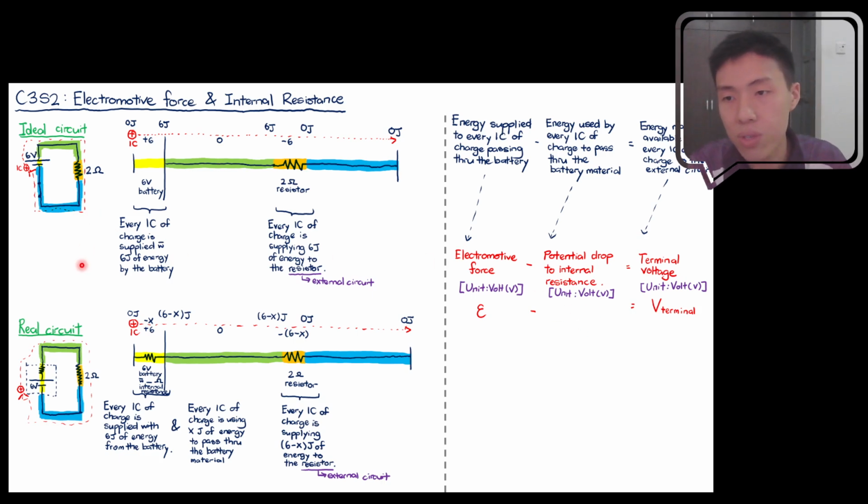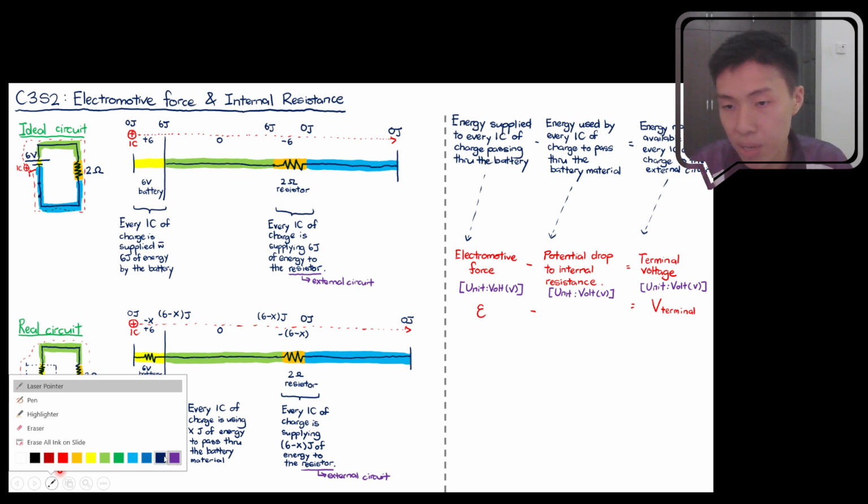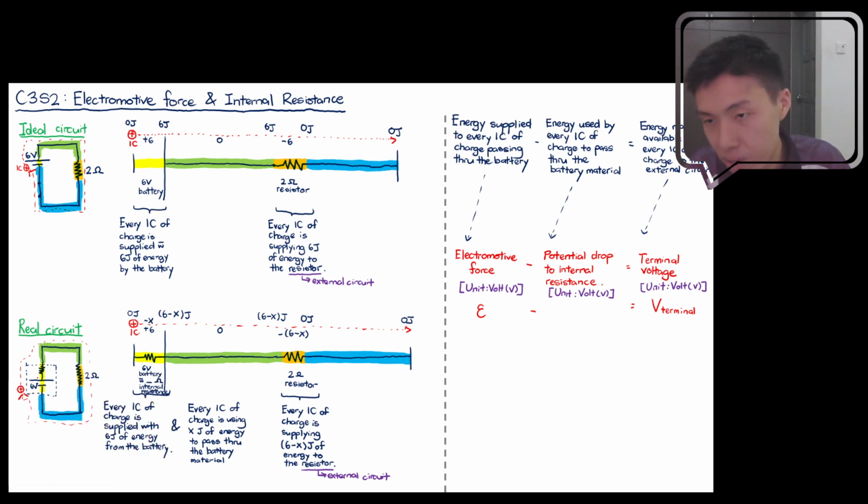Well, we know from our discussion just now, there's a potential drop due to the battery material, and the battery material itself is not a perfect conductor, so it has some kind of resistance, right? So we are going to label this resistance inside the battery with a small r, and that small r here represents internal resistance.